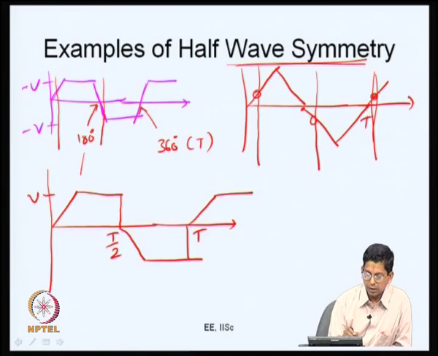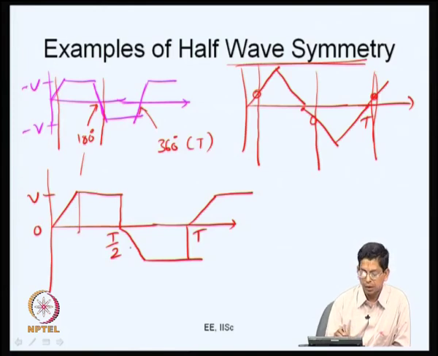The signal rises from 0 to V over some duration, and then it is flat at V till T by 2. Then it comes down to 0, and from 0 it goes to minus V with some rate, which is the same as here except for the sign. The slopes here and here are equal, just for the sign. So, it goes down like this.